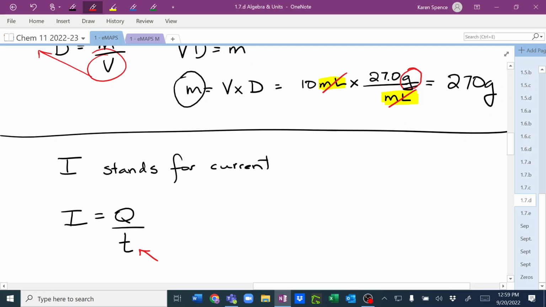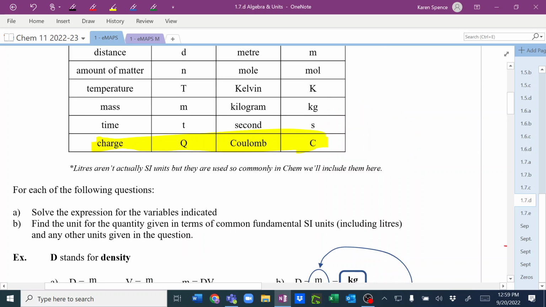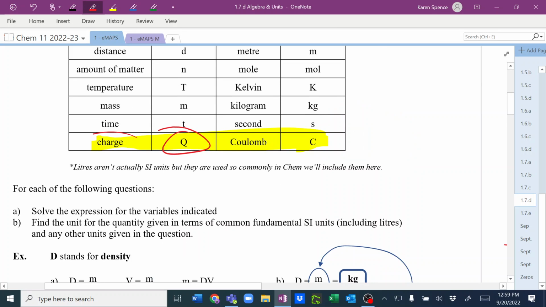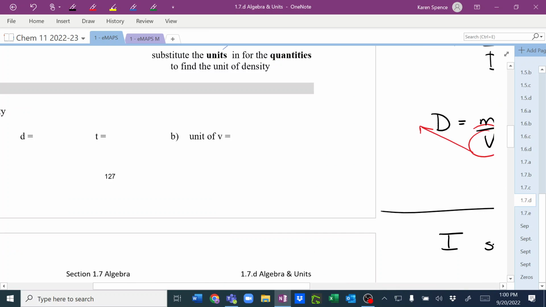T stands for time. And Q is that one that we just added in on our table up here. You can look it up. Q stands for charge, and it is measured in coulombs, and the unit is C. Okay? Oh, should be over here. There we go.